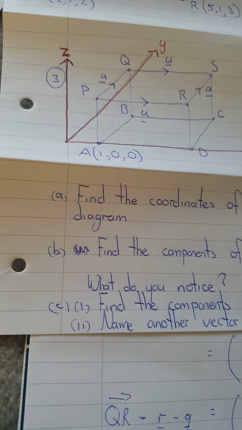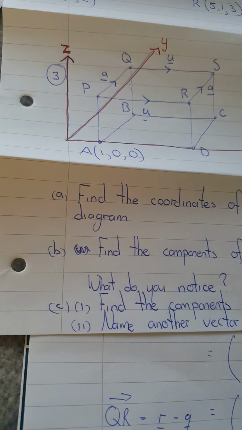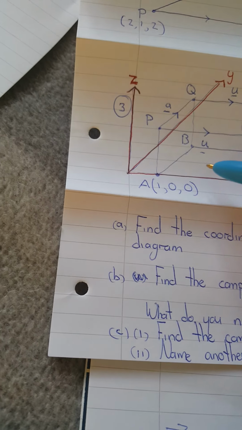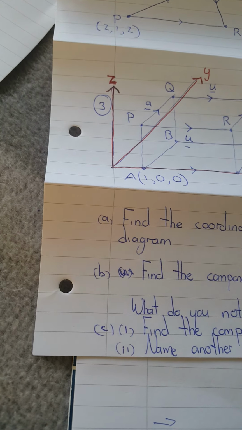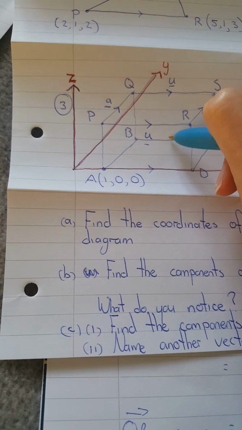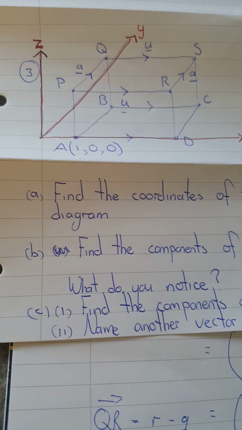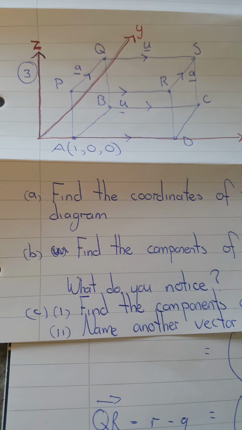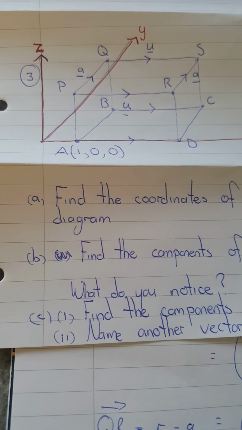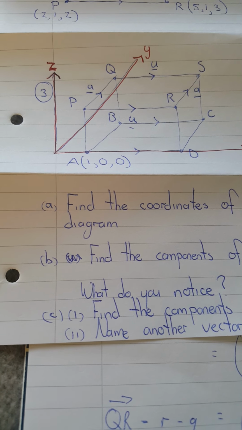Other vectors that are also U would be A to D and B to C, because they're parallel and they're the same length. So vectors that are parallel and the same length are effectively the same vector.